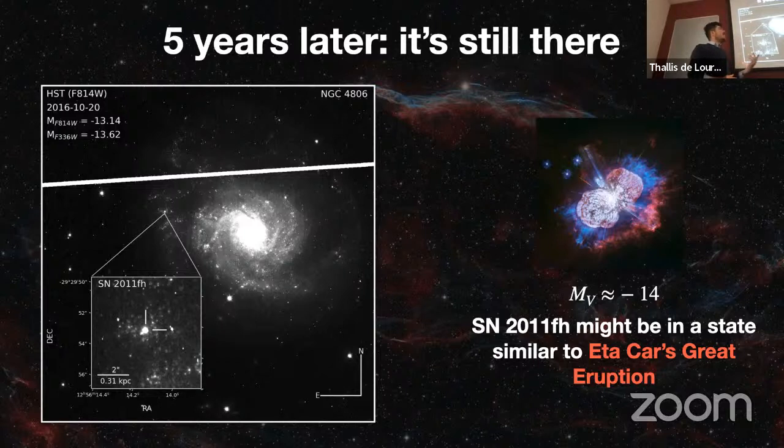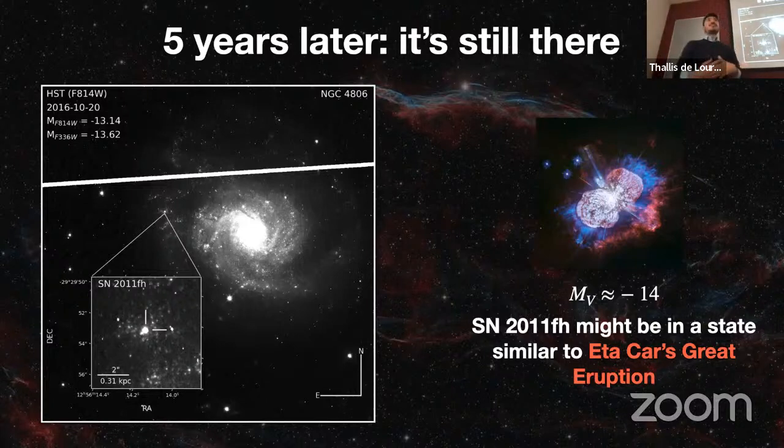And this is very similar to Eta Carinae in its great eruption. So this might be telling us that the star is still there, that the explosion of 2011 was not a real supernova, and that the star is going through this eruptive state.